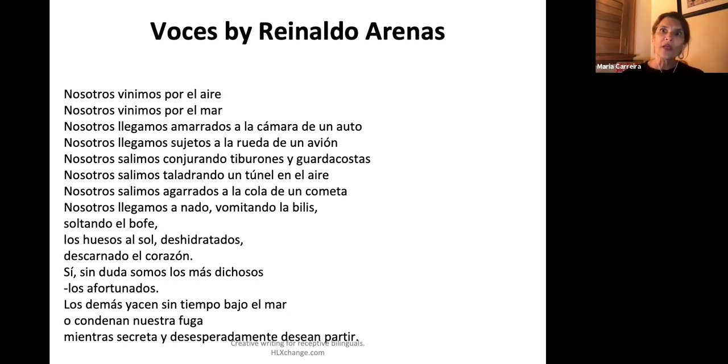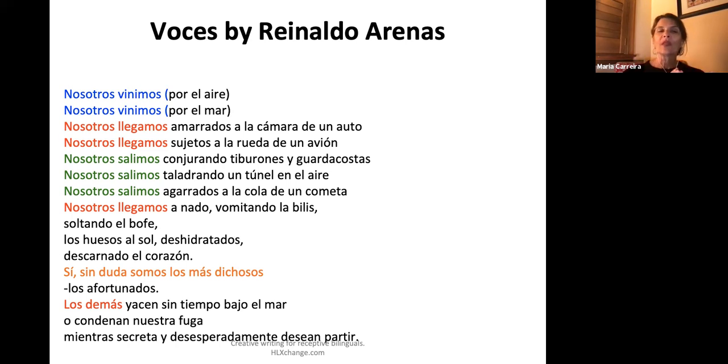It's a very moving poem and a difficult one to read too, because it describes some very painful experiences that Cuban refugees go through. Linguistically speaking, it lends itself really well to creative writing for receptive bilinguals.